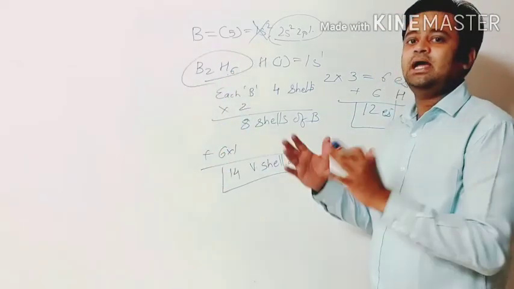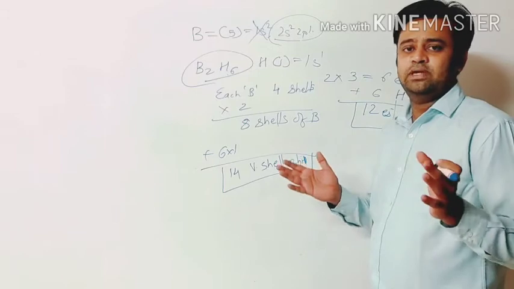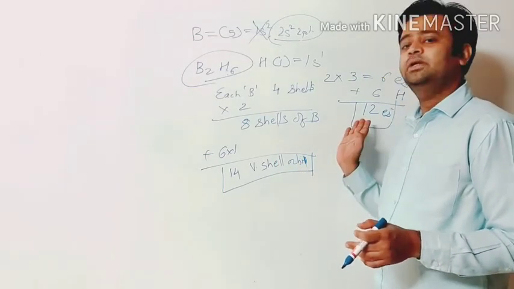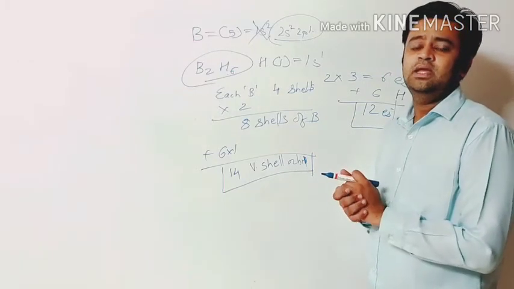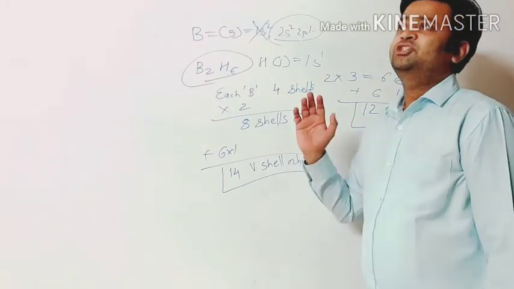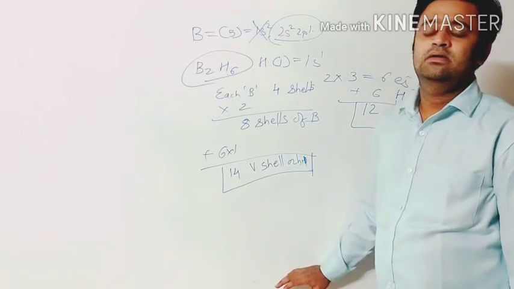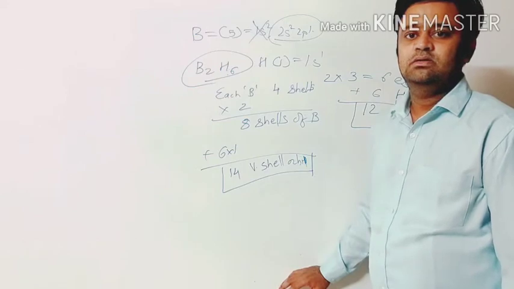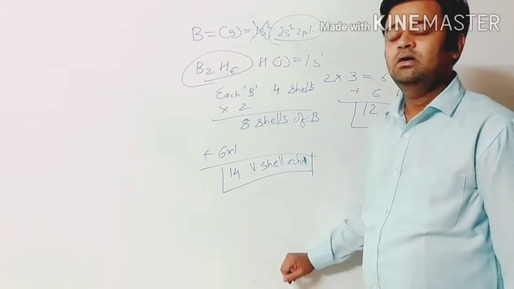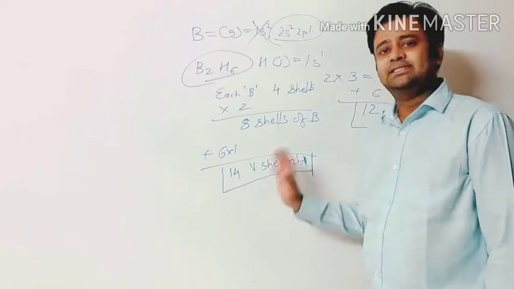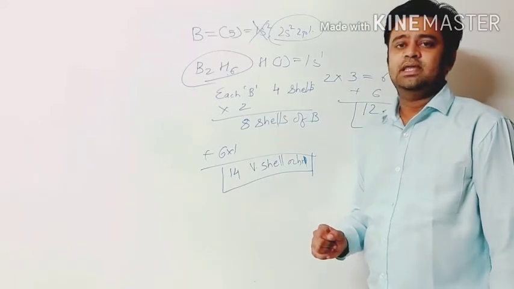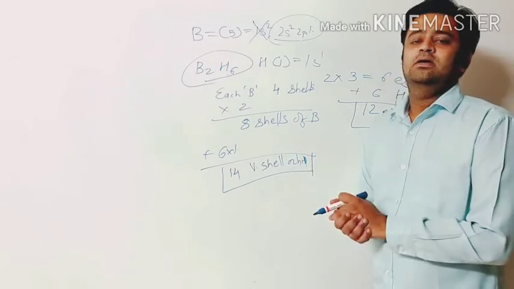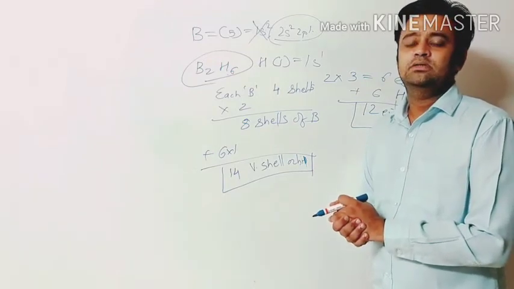There is more space available, whereas electrons are only 12, and therefore the valence shell orbitals contain some empty space. Therefore, this type of molecule can accept electrons in its valence shell. Right? This is about the deficient molecules.